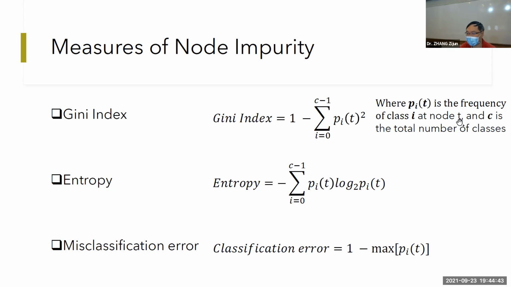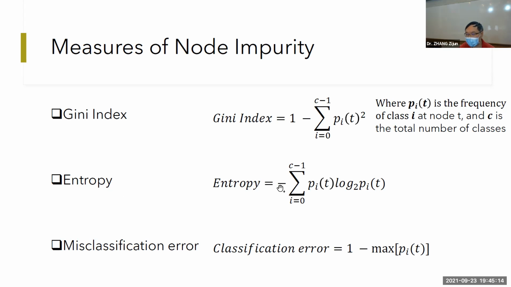So t denotes the node, i denotes the class, and this frequency can be converted into a probability: the number of times it happens divided by the total number of times. C is the total number of classes, so we sum over all the classes.